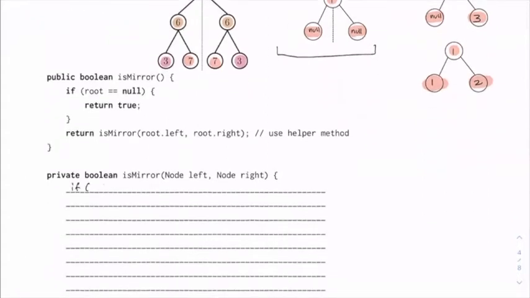So we first check if the left value is null, and we also want to make sure that the right value is null. And in the case that both of these values are null, we can just return true.